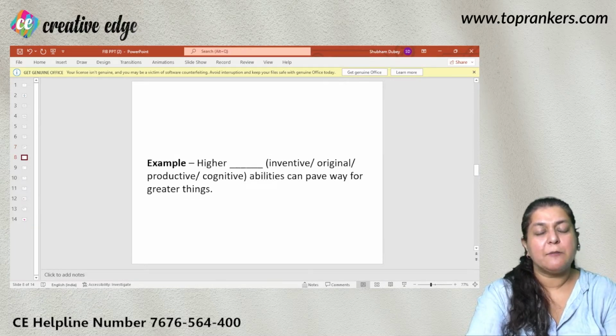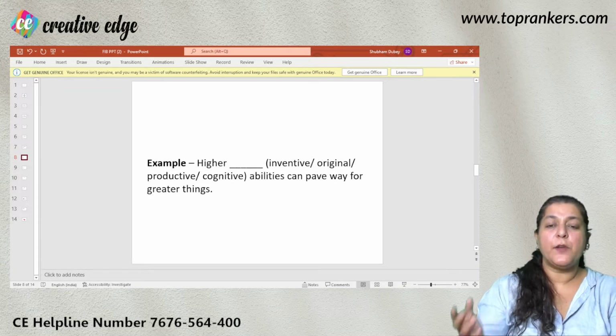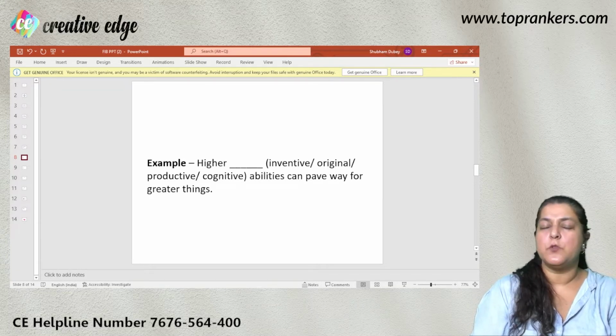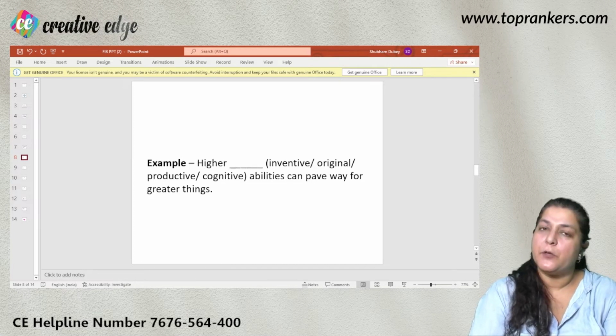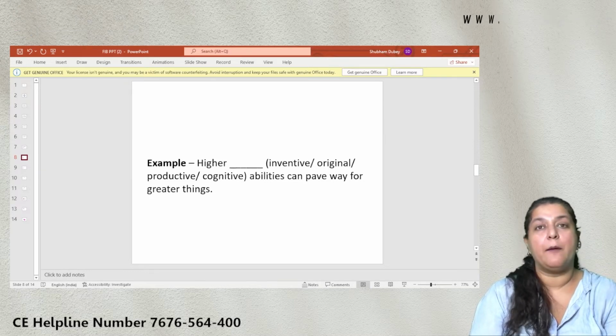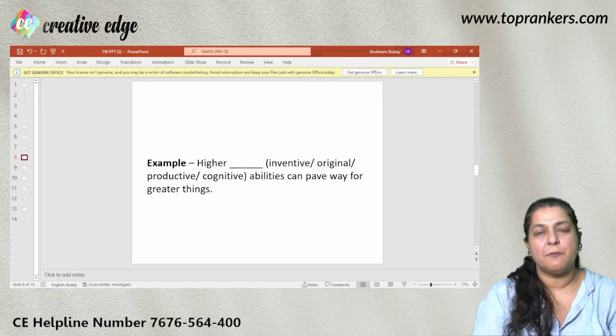Now, here the example says "higher dash abilities can pave way for greater things." I would like to point out that when you read this option, most of the time, having a limited vocabulary, we tend to eliminate the options which do not fit into our vocab list. Say, for example, the word inventive: I know the meaning, to bring up something new.